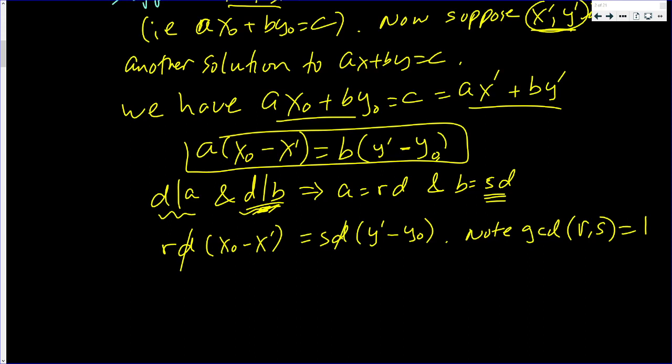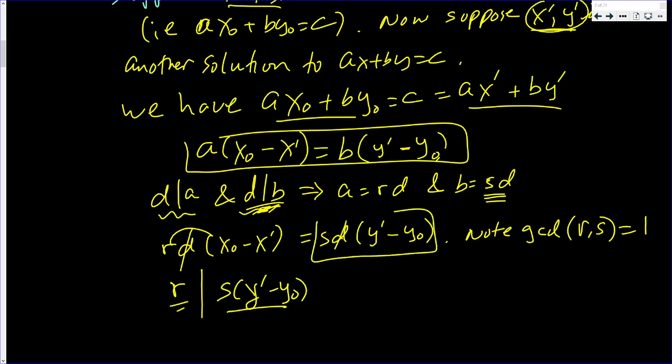Okay, so what we have is, well, let's not distribute yet. We have that R divides S times y prime minus y0, because this here is a multiple of R, is R times that.